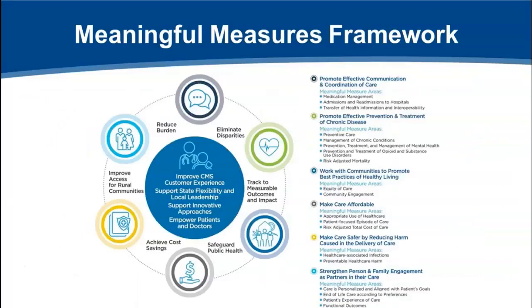But I did want to show this again to really illustrate just one more time that in this diagram, the patient with their provider is at the center of this and really at the center of how we think about what our priorities are moving forward and around the actions that we take as far as what measures we're developing, keeping in our programs, et cetera. All of those decisions, the patient is at the center of that.